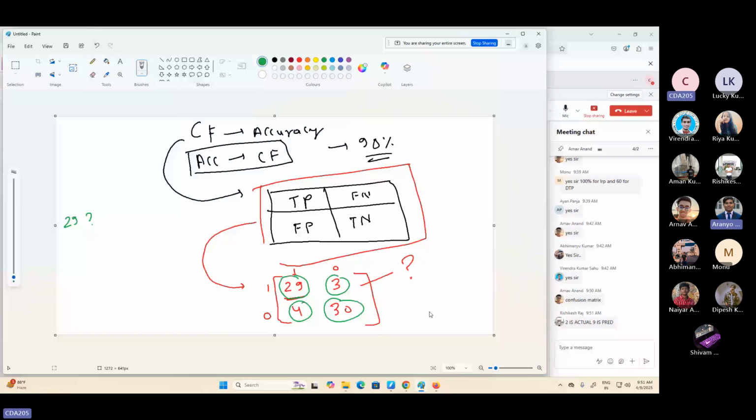Three is false negative: they are true, but they are predicted as false. And four is false positive: they are false, but predicted true. In those cases we are totally wrong.